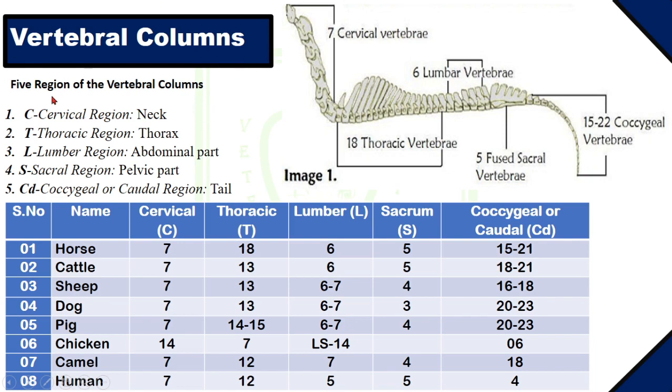There are 5 regions of a vertebral column: cervical region, thoracic region, lumbar region, sacral region and coccygeal or caudal region. This is the formula of a vertebral column of different animals.